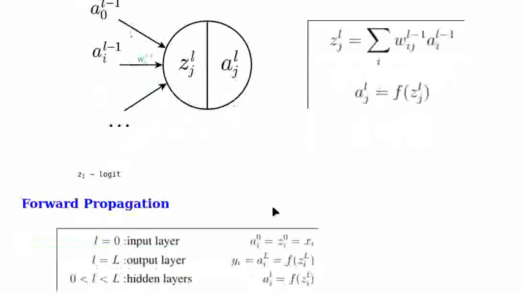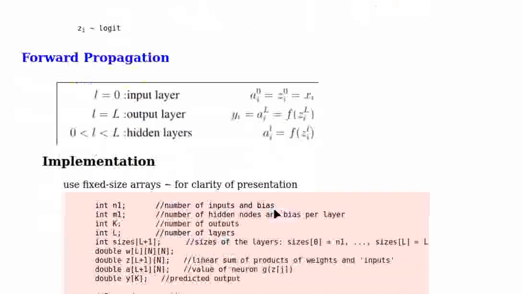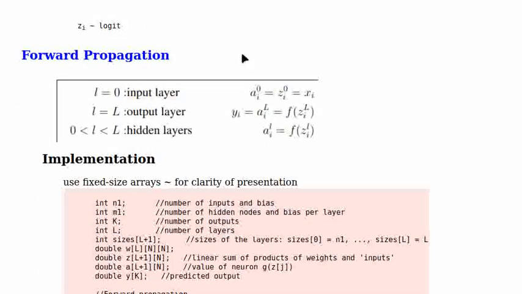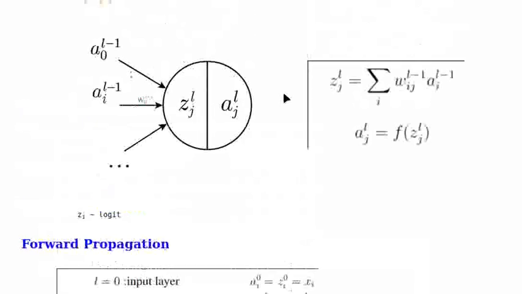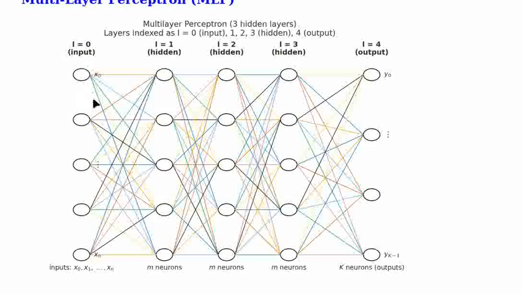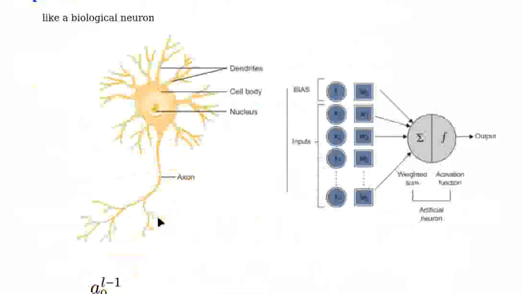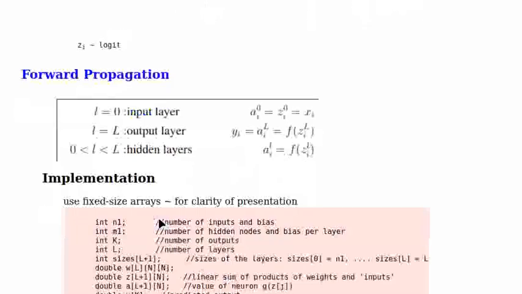We can summarize the formulas in this way. If L equals 0, we refer to the input layer. In this case, AI0 is equal to XI. For convenience of discussion, we also call that CI0, layer 0. So it's the X values, the input.